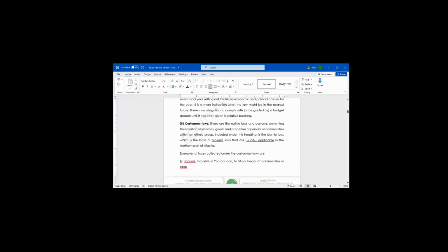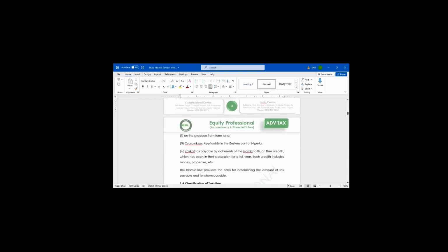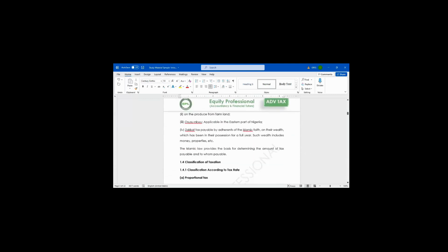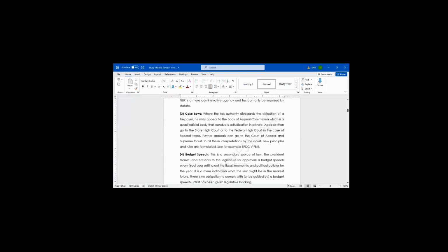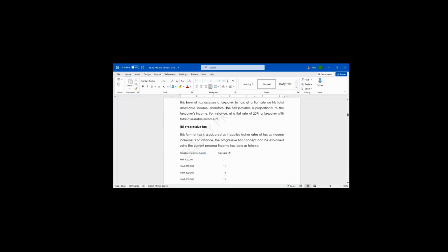So tax has been in existence for more than thousands of years. So customary law has to do with olden days law. Those are the sources of taxation.